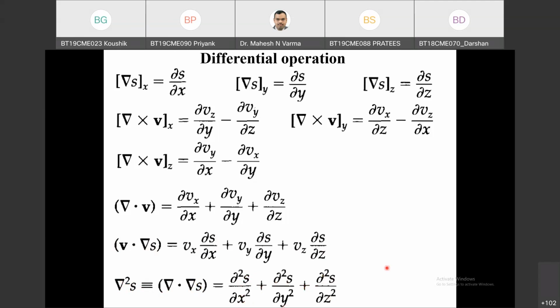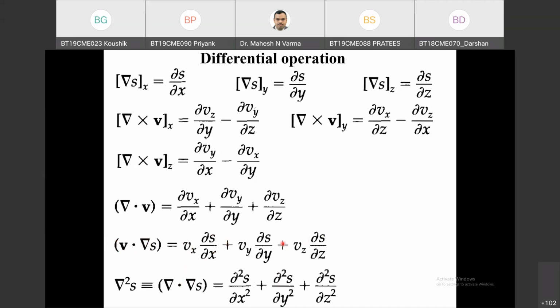Just keep all these differential operators ready for use. Remembering the expanded form will be very difficult, but remembering this compact form is very easy. We can write it in this format and use it very easily, and whenever we need, we can expand it into this form and use it accordingly.